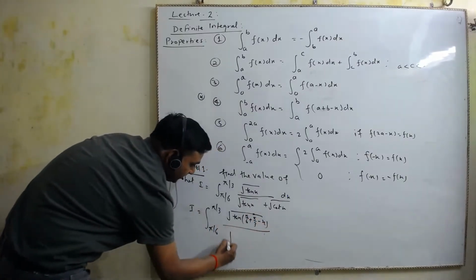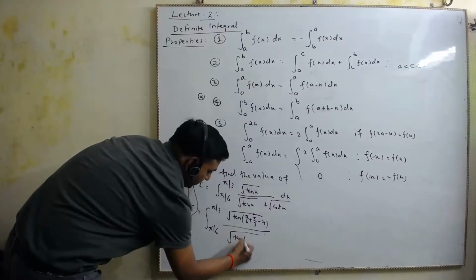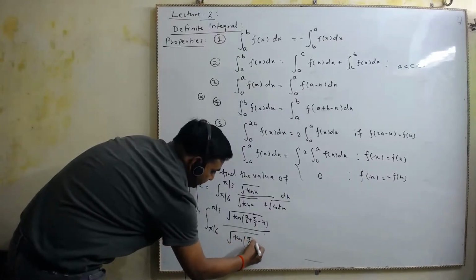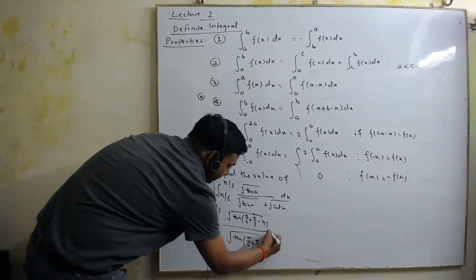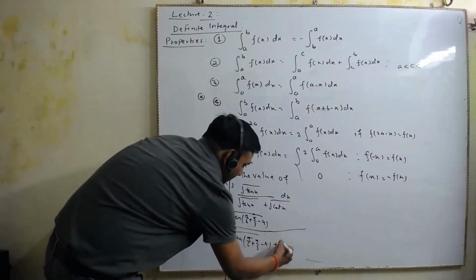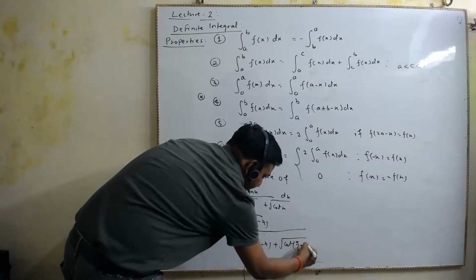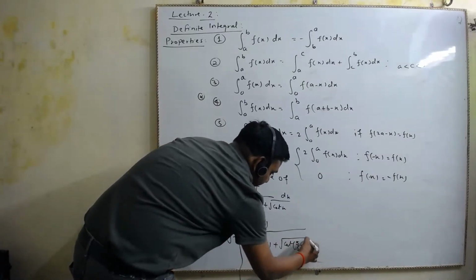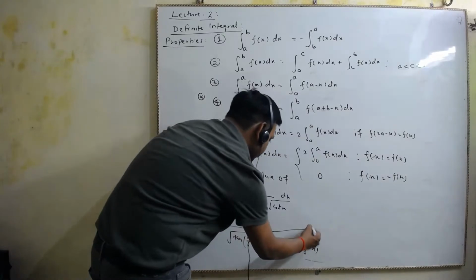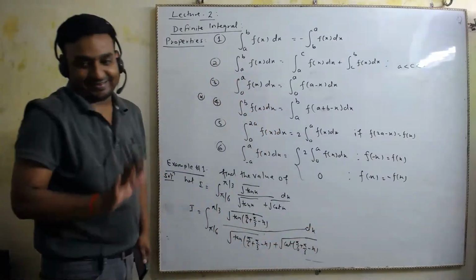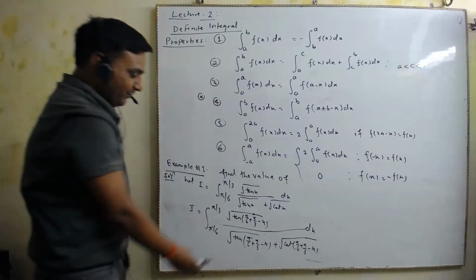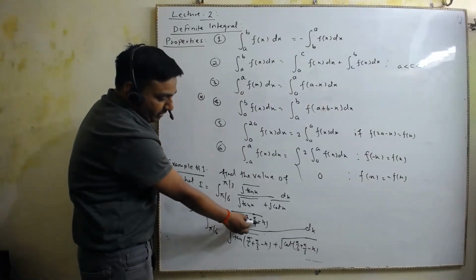The same I'll do here. Tan of pi by 6 plus pi by 3 minus x, plus under root cot of pi by 6 plus pi by 3 minus x dx. Right, dear fellows? Can you tell me what this is? It is pi by 2 minus x.